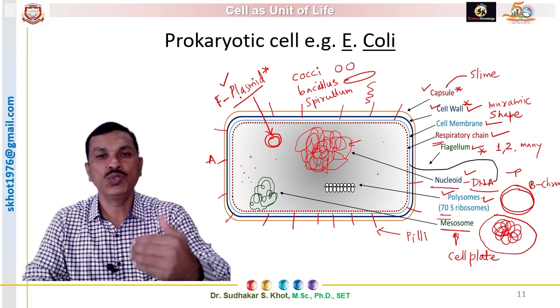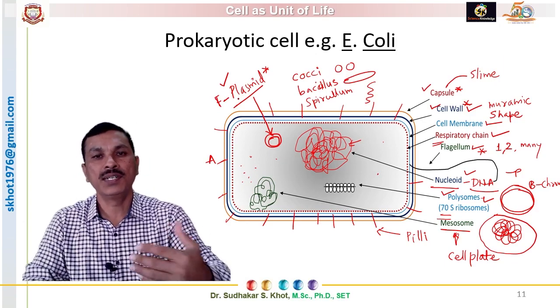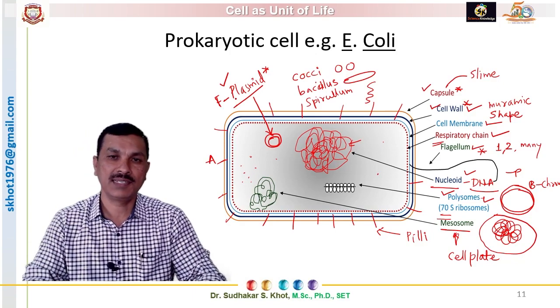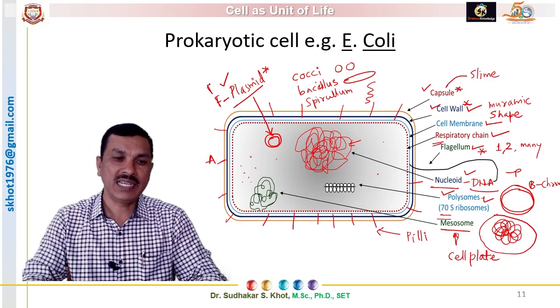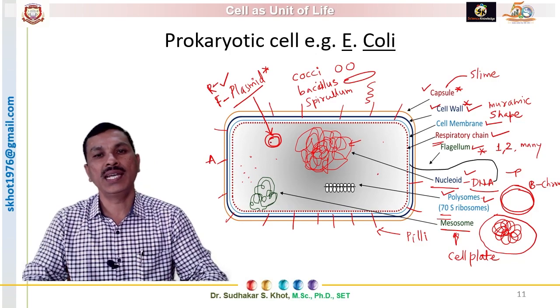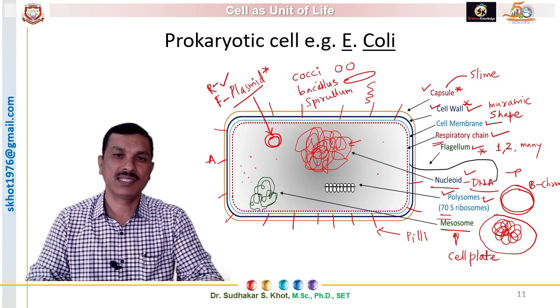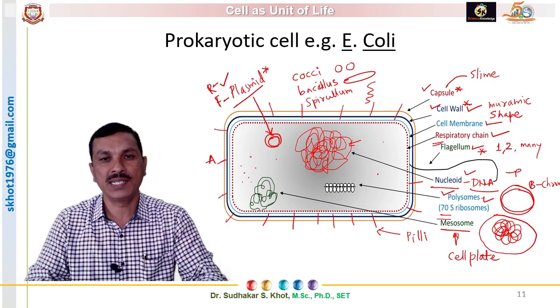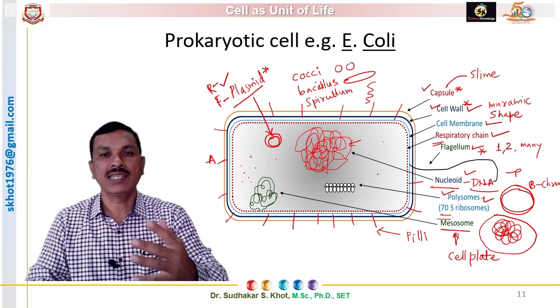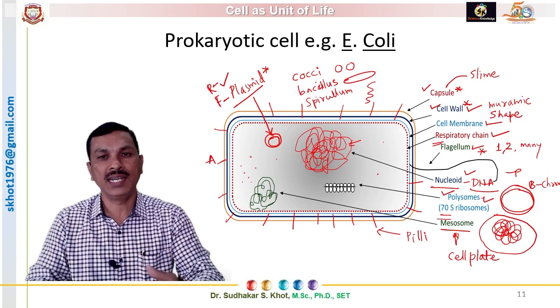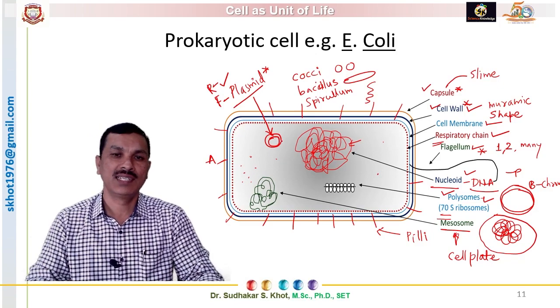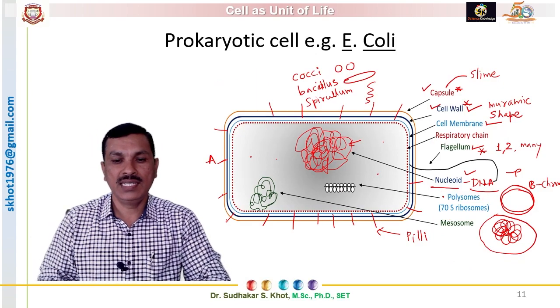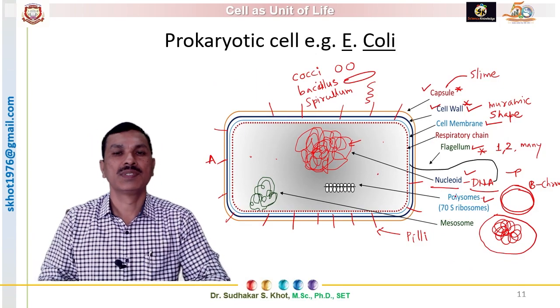It helps in conjugation, in fertility of the bacterial cell. The R plasmids help in providing additional resistance to antibiotics. So whenever plasmids are present, they confer some additional characteristic, additional ability, additional power to the prokaryotic cell.